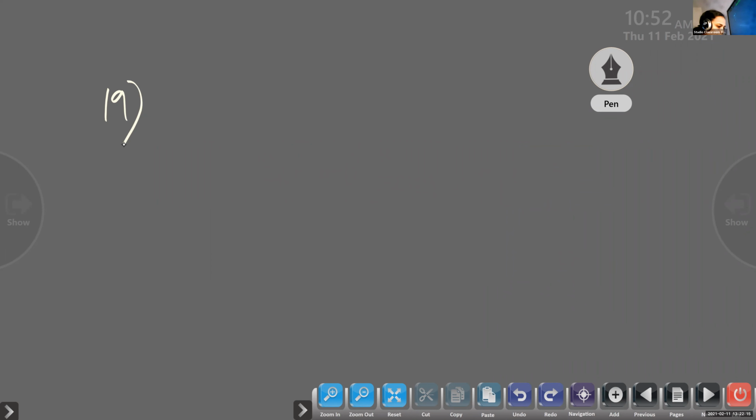So here, 1 kilometer is equal to 1000 meters. Isha, can you see the board clearly? Yes, ma'am. Okay. 1 kilometer is equal to 1000 meters.